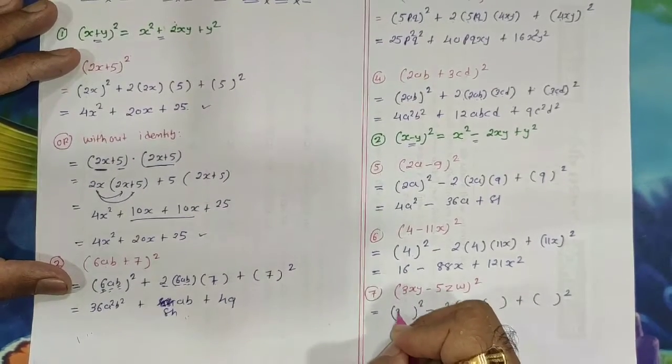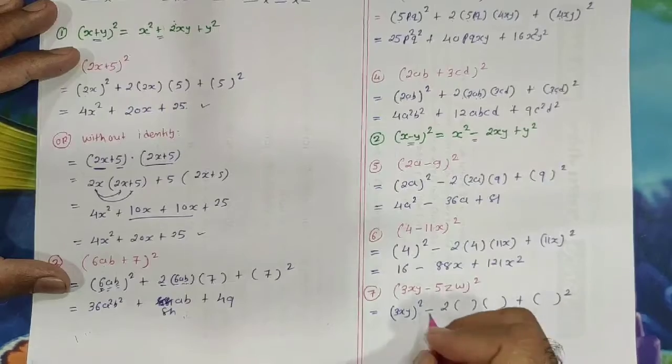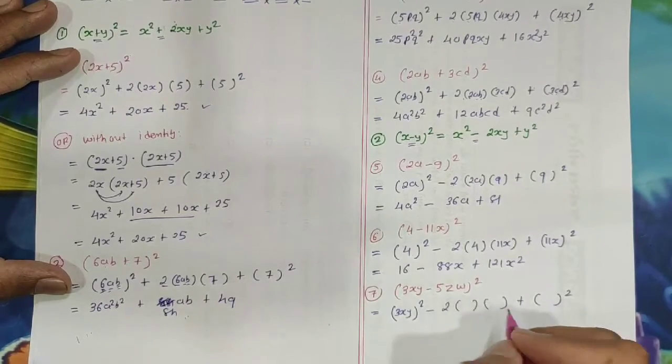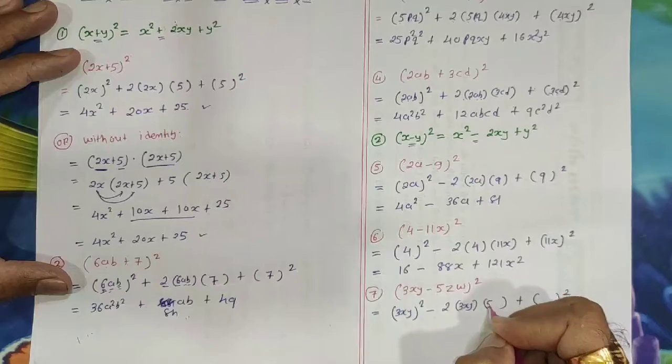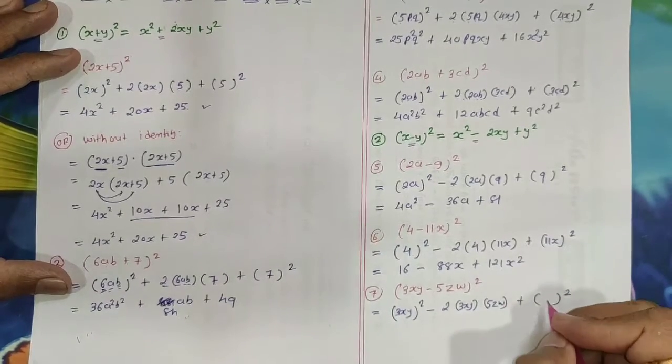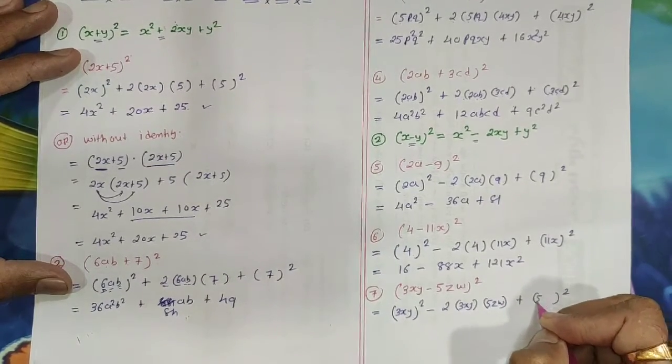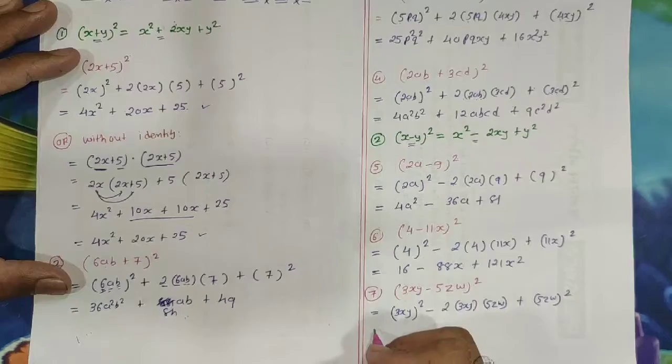So your first term is 3xy. So first term square minus 2 into first into second term. First term is 3xy, second term is 5zw, and second term square, which is 5zw whole square.